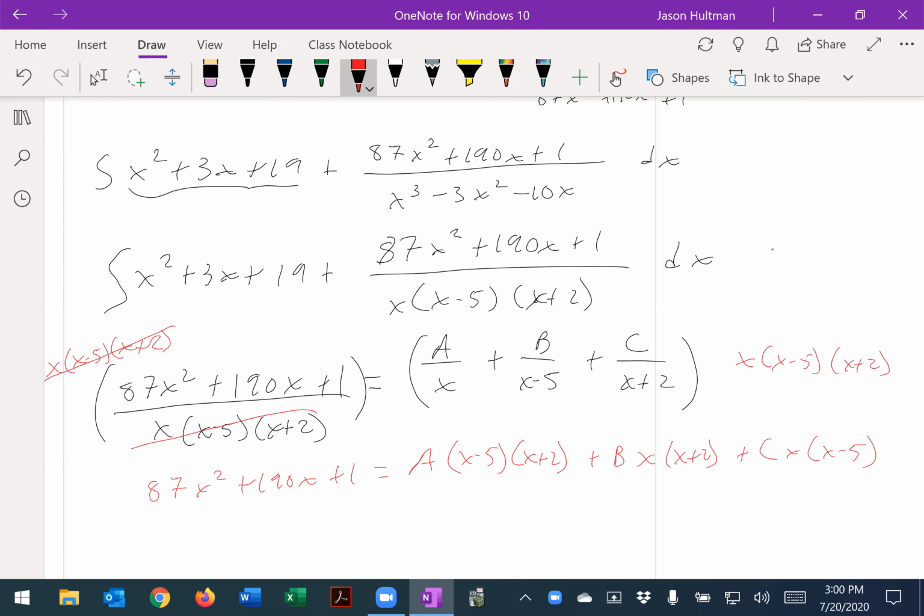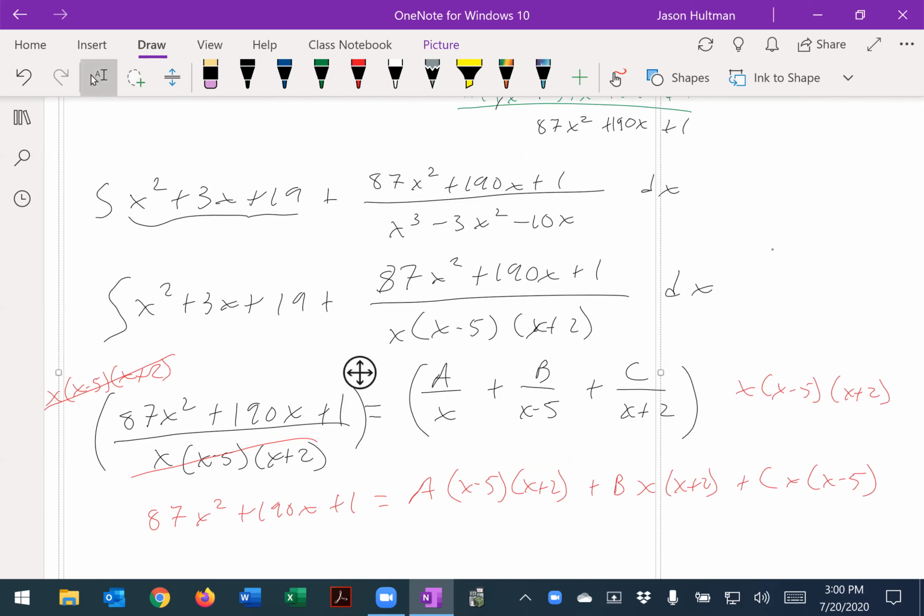Okay, so now we've got 3 linear factors, which is nice. That's going to allow us to do some nice things here.